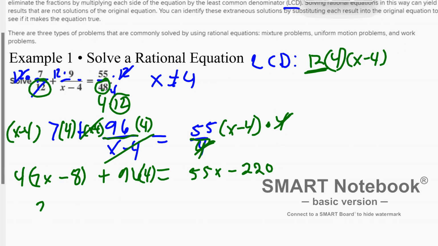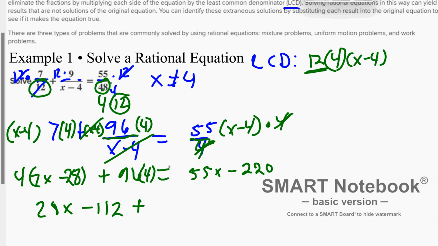We have 4 times 7, which is 28x. And then we have 4 times 28, sorry, that's supposed to be 28. 4 times 28 is negative 112. 96 times 4, that's pretty big, almost 400. Let's do it in pieces.